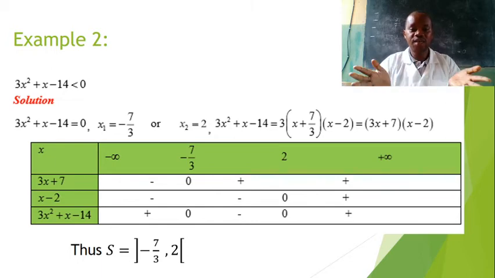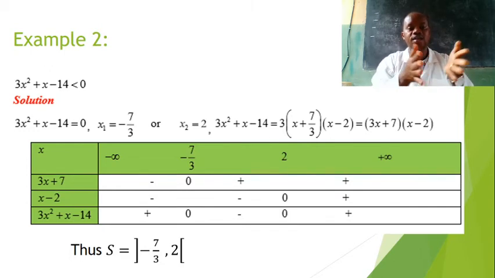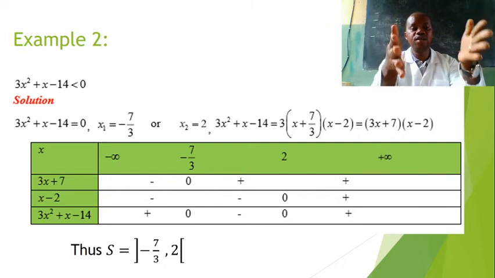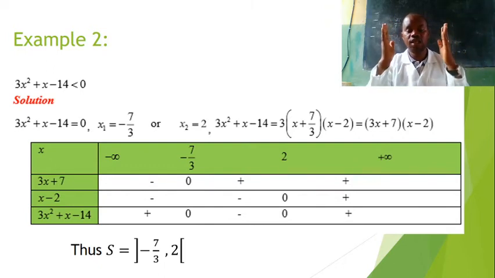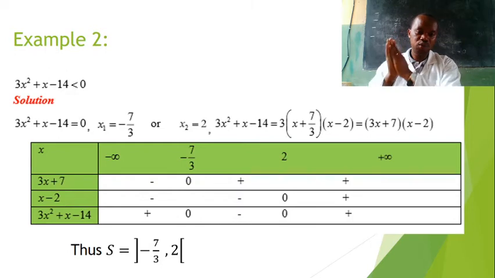For example, you can even replace x by minus 3. That is the number in between which is belonging in the range from minus infinity up to minus 7 over 3.